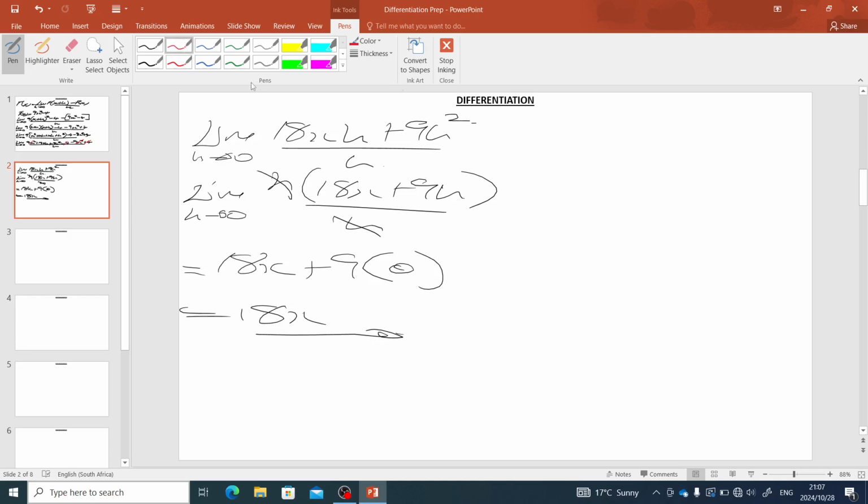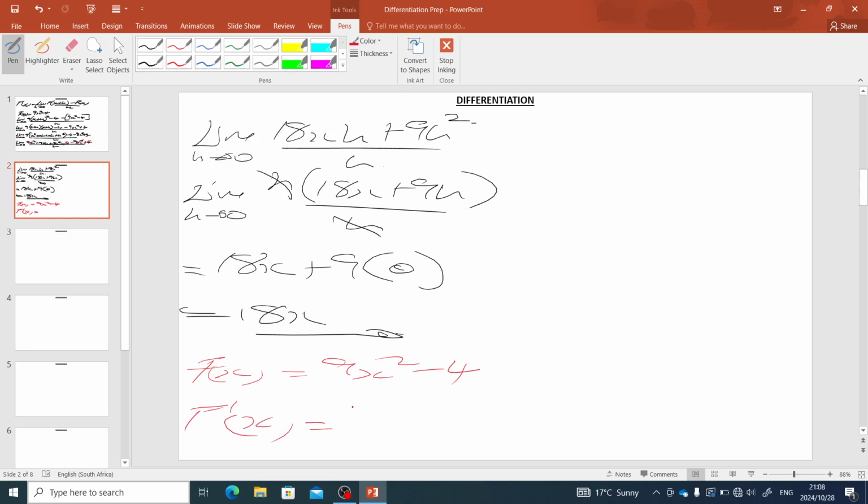Now, I know it is not required for our syllabus, but if you want to prove if your answer is correct, remember we are given f of x equals 9x squared minus 4. You can differentiate.